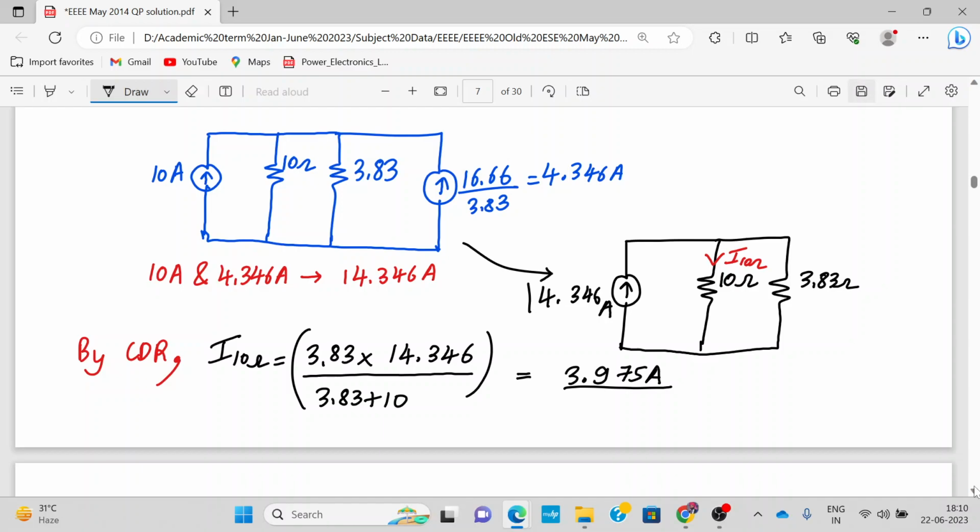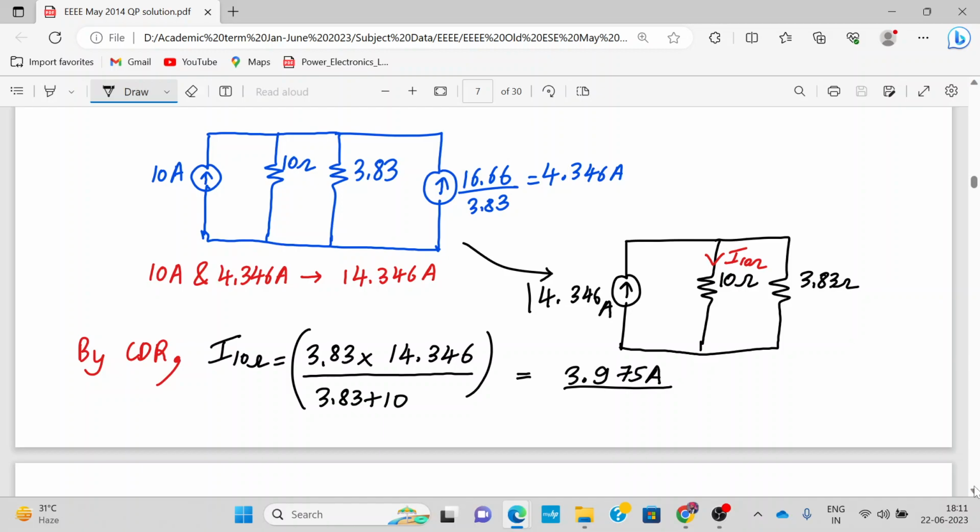Okay, so simply by using source transformation we have solved for the current asked. Let me know when it's completed.